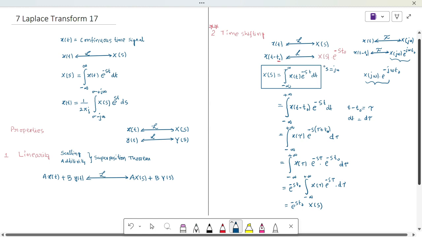So what is the difference between the Laplace transform and the continuous time Fourier transform? If in the Laplace transform you consider s equal to j omega, that is nothing but the continuous time Fourier transform. In the Laplace transform we consider s equal to sigma plus j omega; in the Fourier transform, sigma equal to 0, so s equal to j omega.